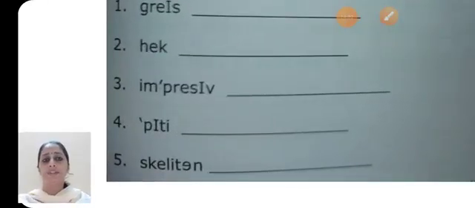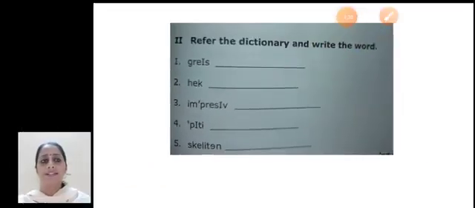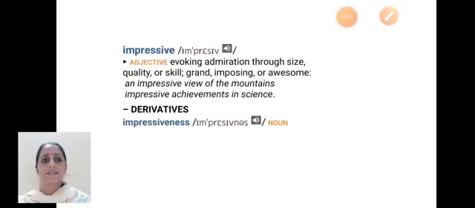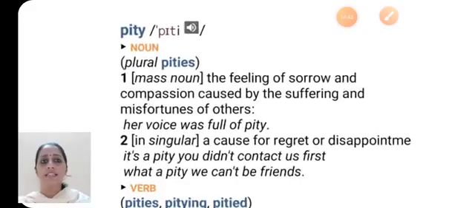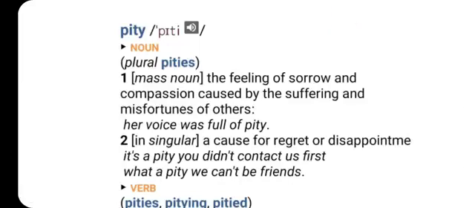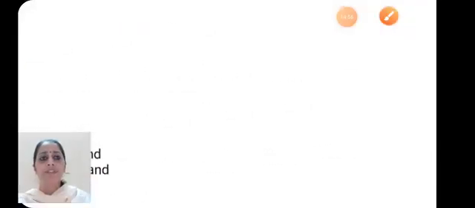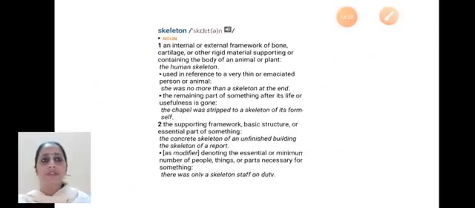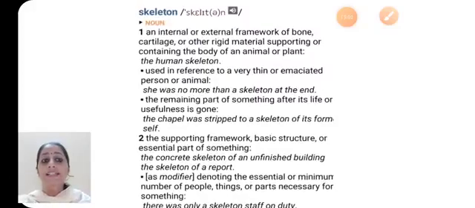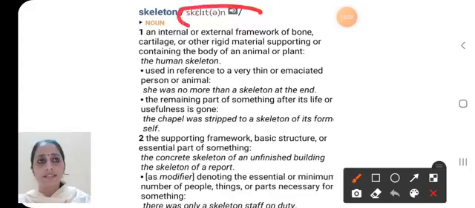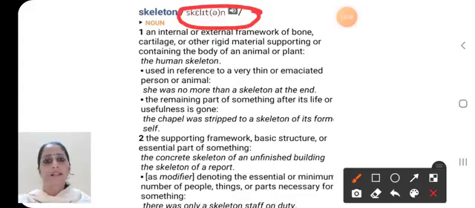Here, the fourth and the fifth one. Can you see carefully? Yes. So the fourth word is pity. What is the fourth word? Pity. Look at the pronunciation. Okay. And let me show you the fifth word. The fifth word is skeleton. Look at this part. Skeleton. Clear, students?